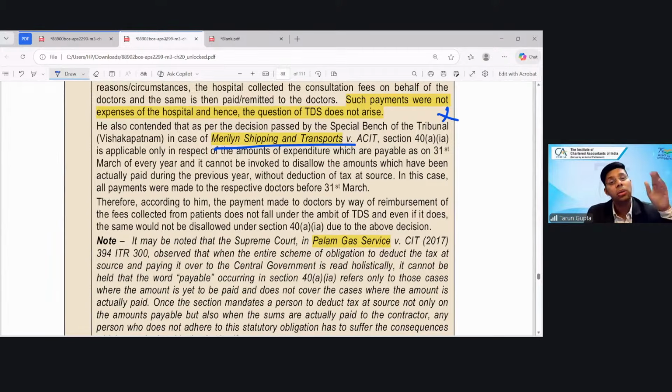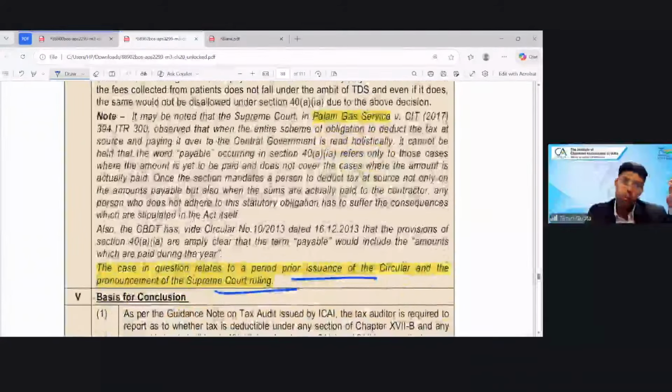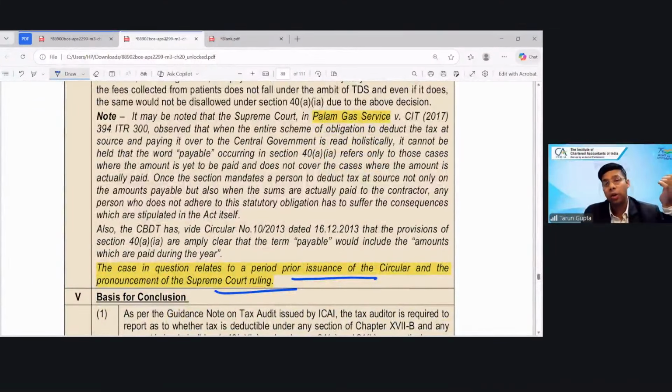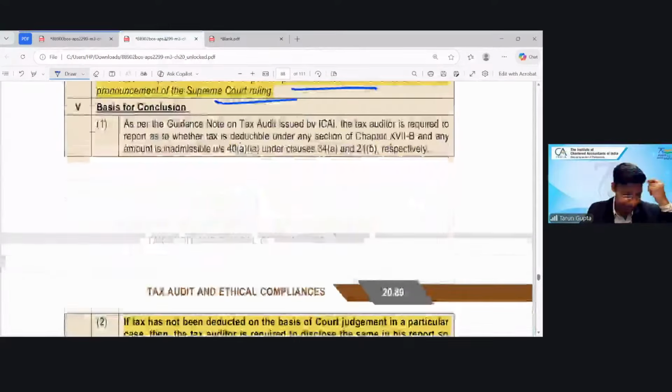Since he has not stated this, and this is purely an expense which is there in the P&L account, the CA is guilty of professional misconduct under clause 7. He has not done due diligence.